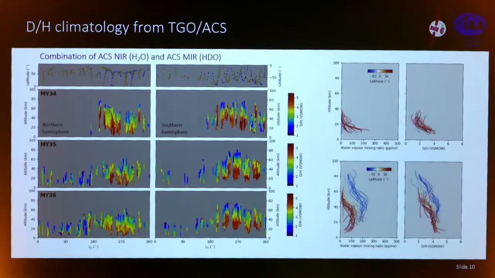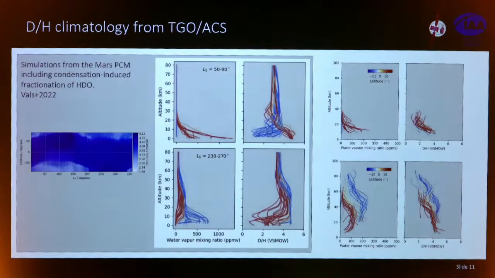And that's because something happened that is well known by modelers, and that is the fractionation at condensation. So basically, when a cloud is forming, the HDO is concentrating in the ice phase and is depleting the gas phase of the heavier isotope.